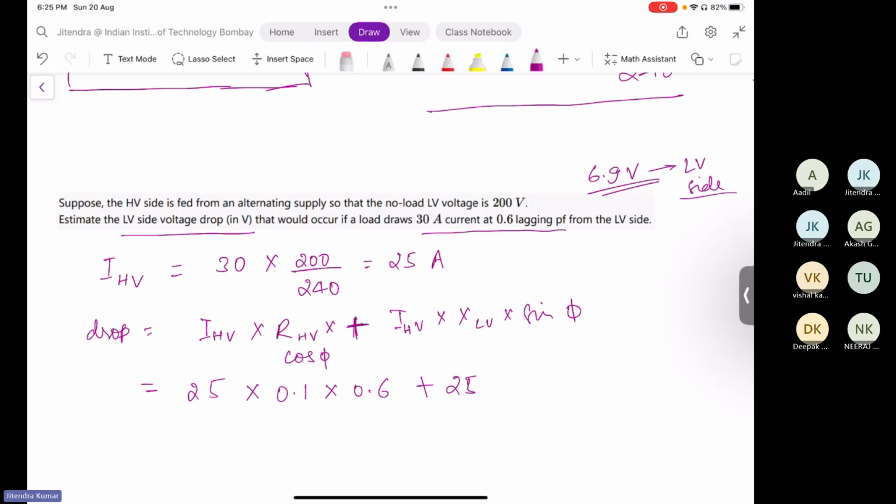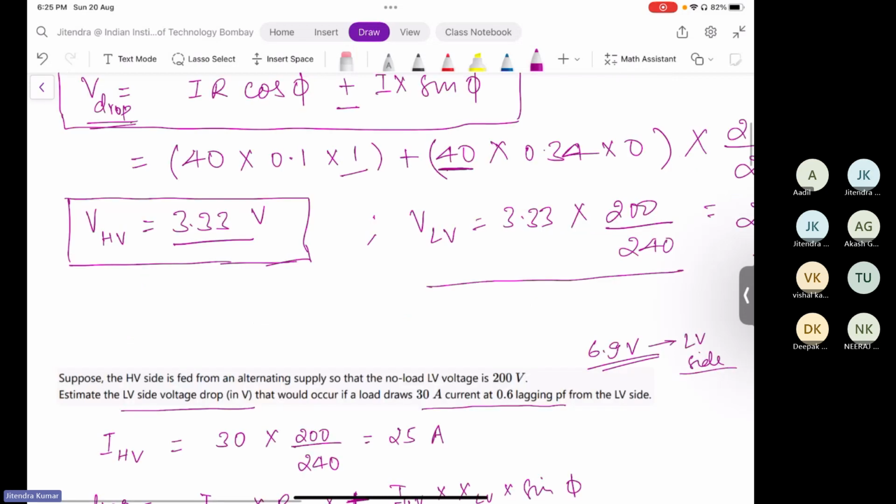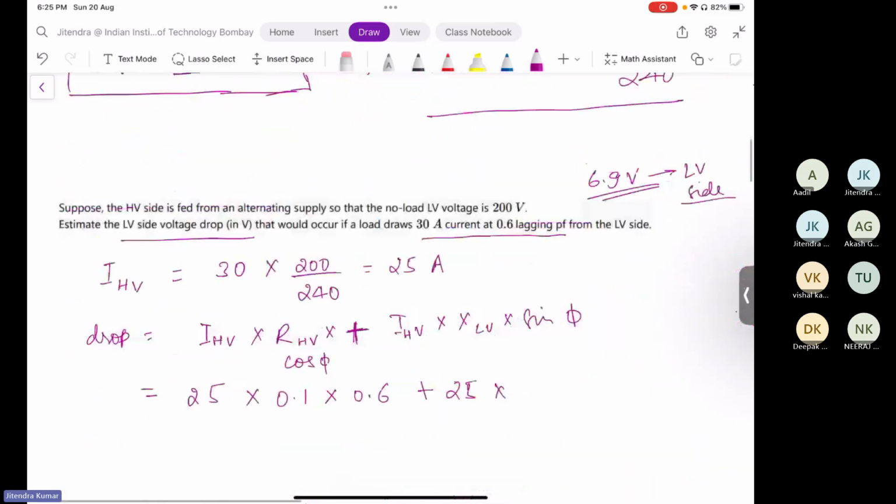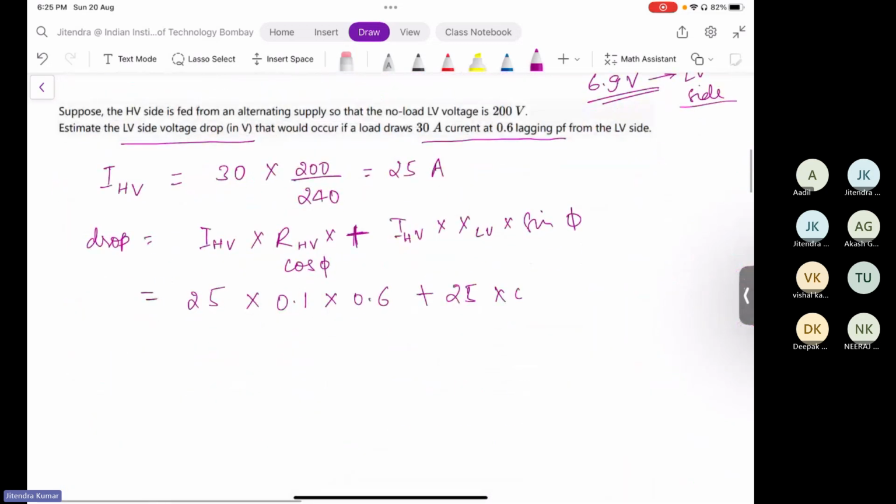So 25 into X, which is 0.34, into sin phi, which will be 0.8.